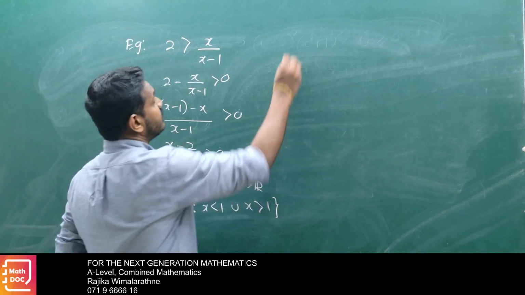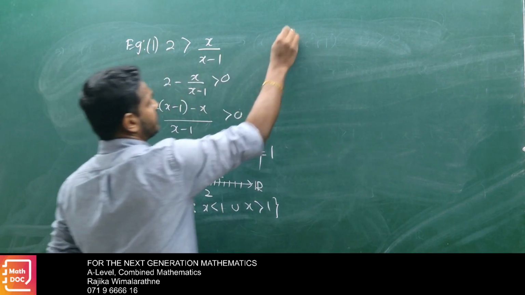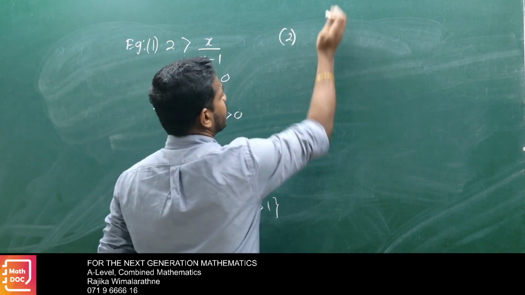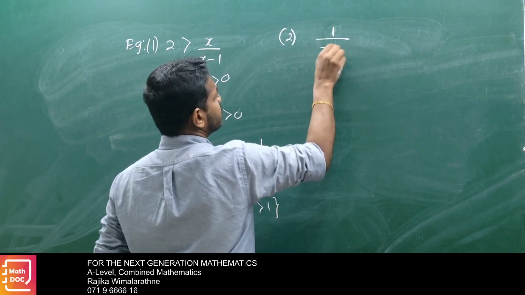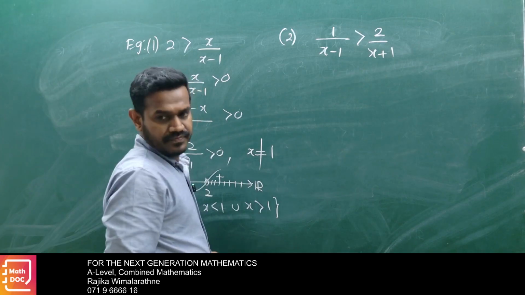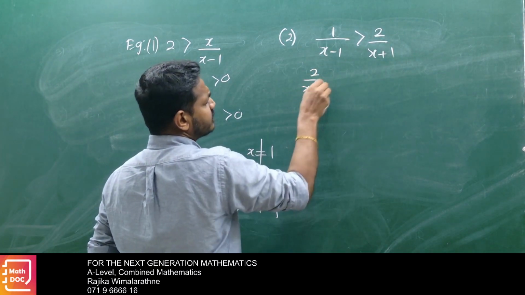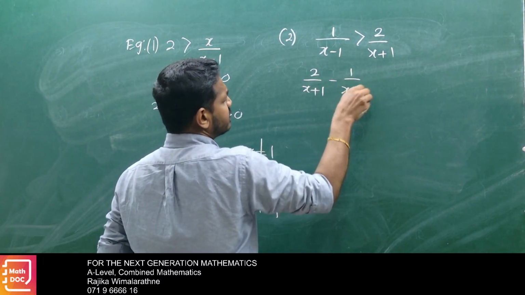See another one. Question number 2, example 2: 1 over x minus 1, 2 over x plus 1. I'll take this to the other side: 2 over x plus 1 minus 1 over x minus 1 less than 0.